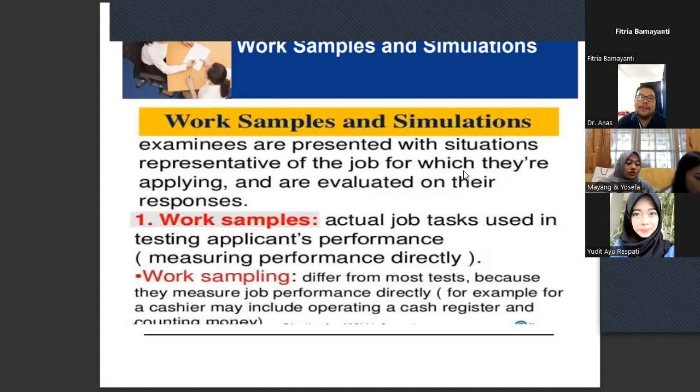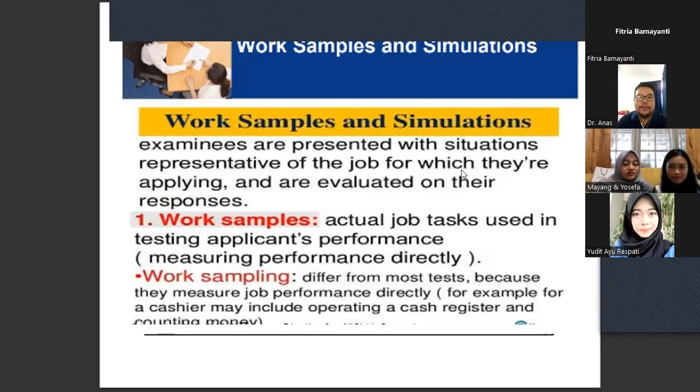For example, I'm interested to hire Mayang as an executive of office administration, but I will not simply hire Mayang.